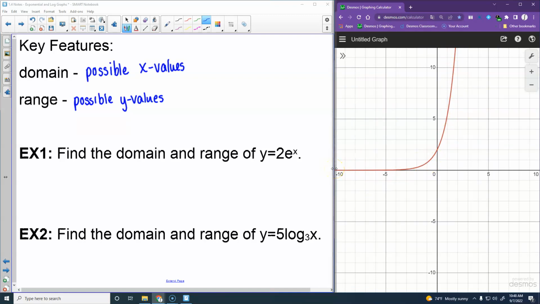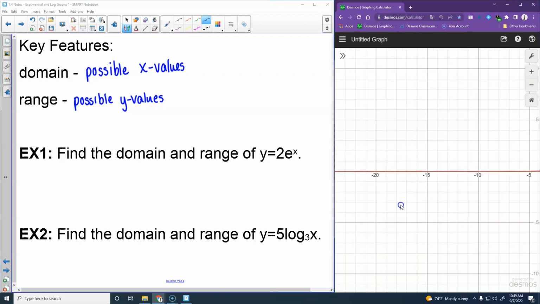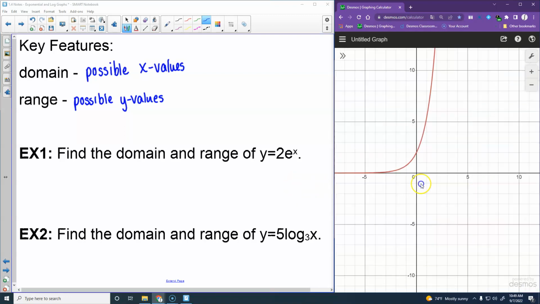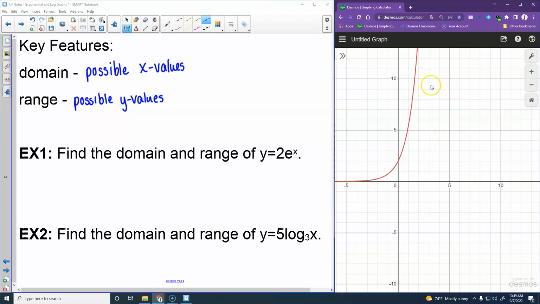So for this, what we're looking for is the X values that we could plug in. With an exponential, it looks like I've got what we call a horizontal asymptote here. You guys have heard that phrase before, horizontal asymptote. So what's happening over here is it looks like we're getting closer and closer to that line, but never actually crossing it. It kind of looks like we have a vertical asymptote here, right?